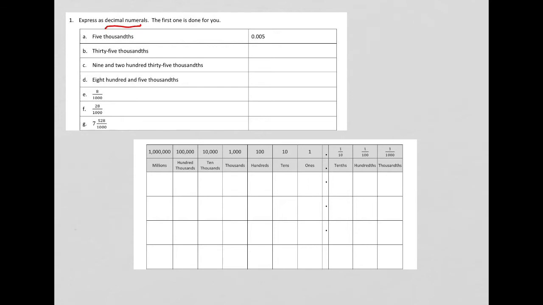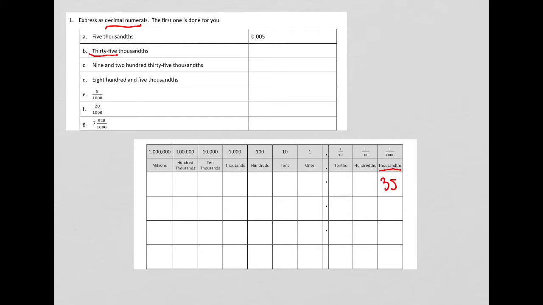So if we're looking at B, where it's 35 thousandths, I'm going to find the thousandths on my place value chart, which is right here. Thousandths. And it says it's 35 thousandths. So I can't write it like this.